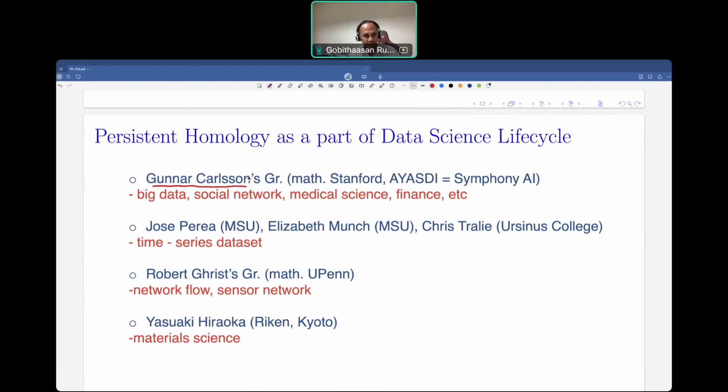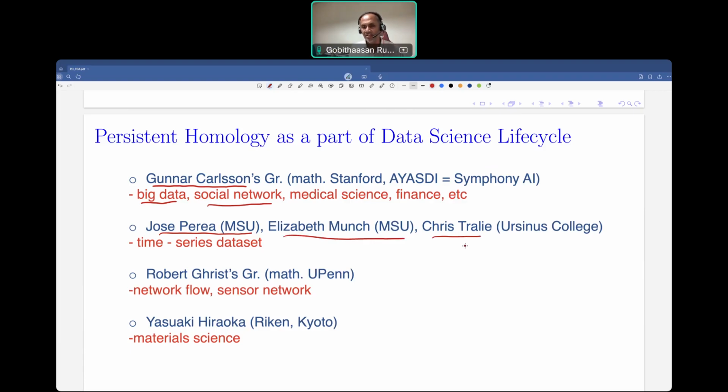His group uses it for big data analytics, social network analysis, medical science, finance, etc. Whereas this group here, Jose Perea, for his PhD, tried to come up with different theorems, definitions and ideas on processing time series data sets using topology, persistent homology. Similarly, Elizabeth Munch and her team from Michigan State University always use time series data sets with either persistent homology or the Mapper algorithm.